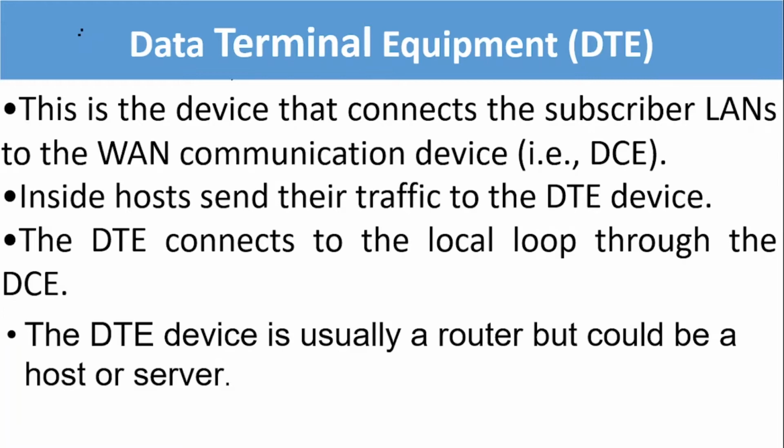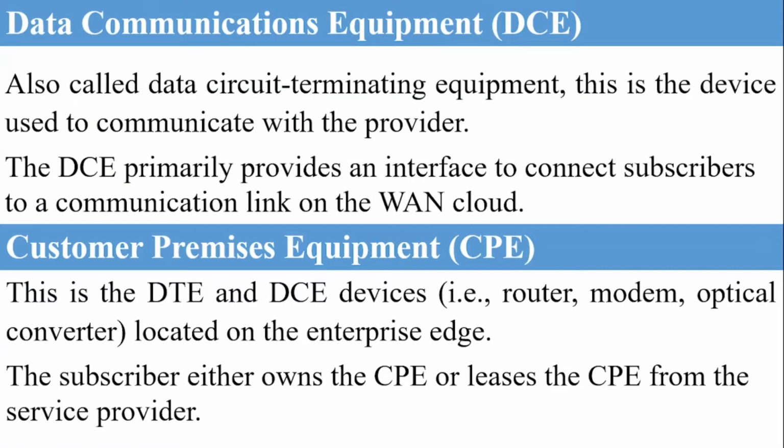It also receives traffic from inside hosts. The DTE connects to the local loop through the DCE. The DTE device is usually a router, but could be a host or a server.